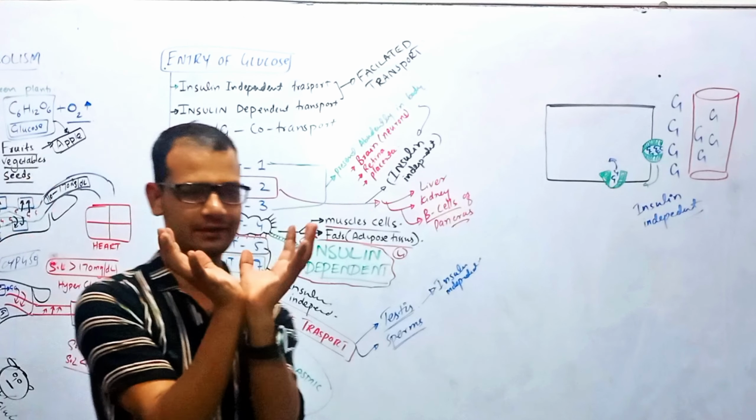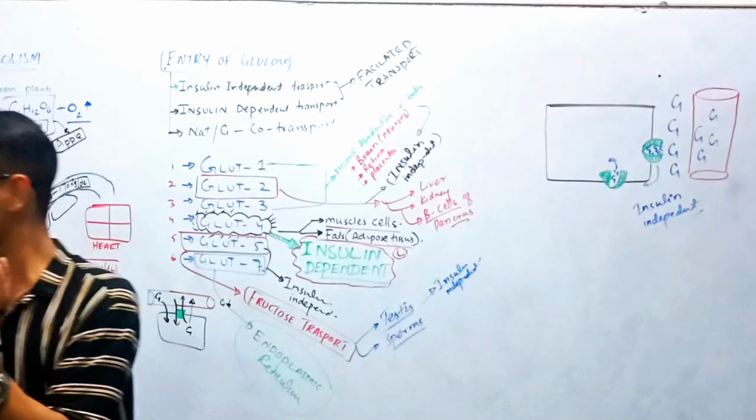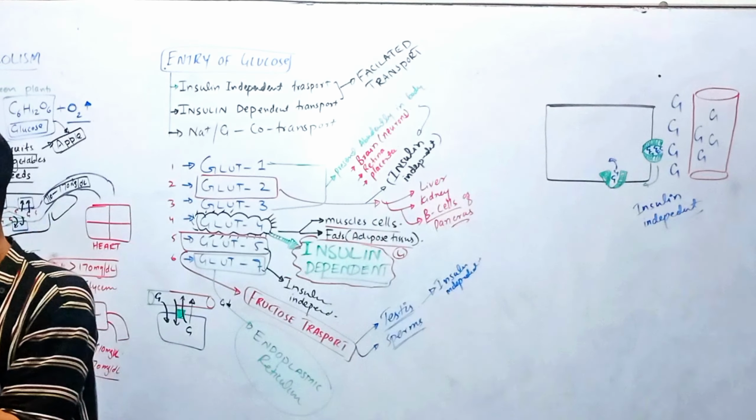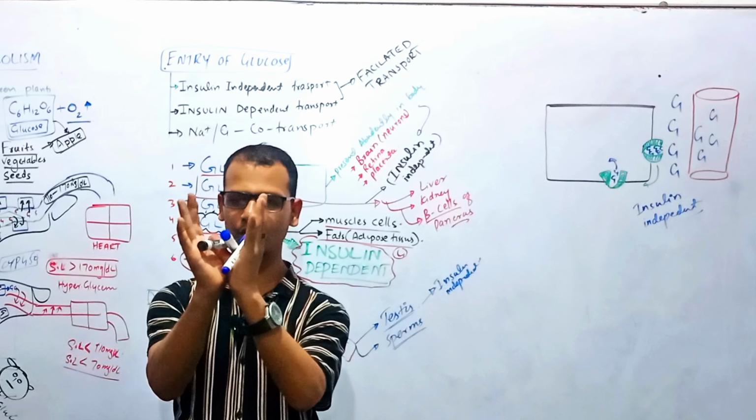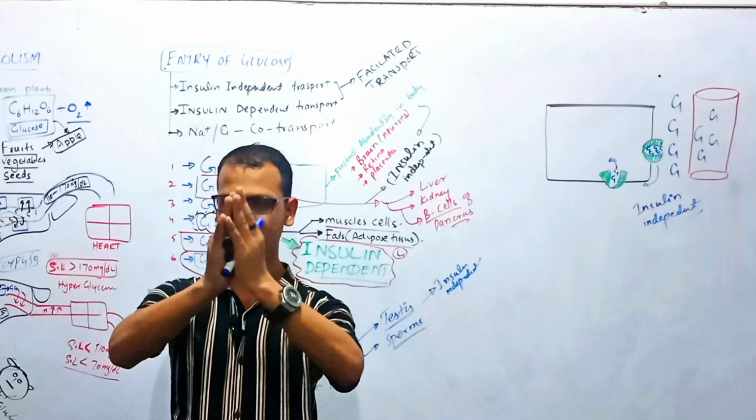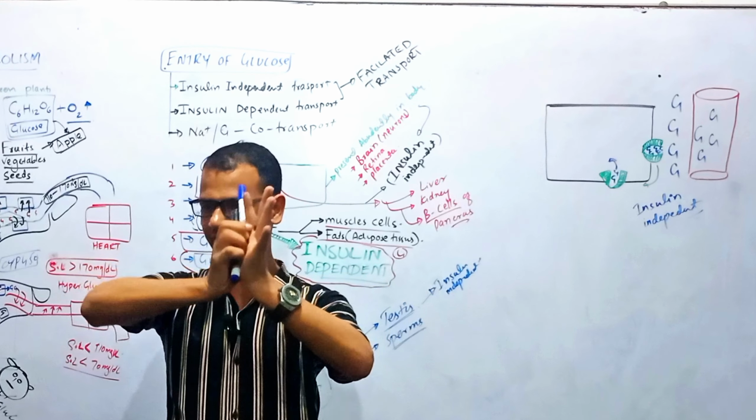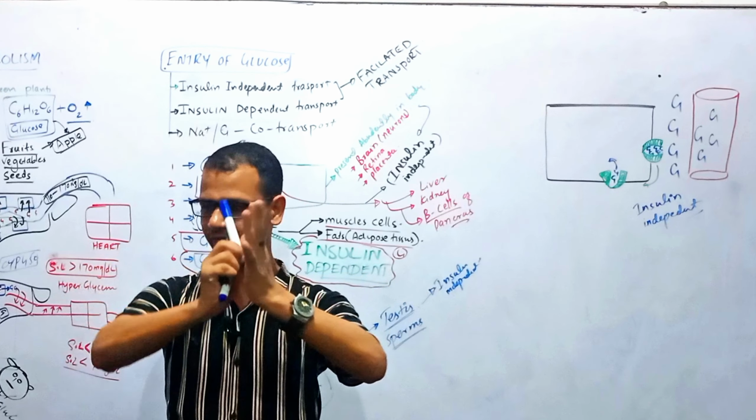For example, this is the transport system. It is like this, and these are glucose, and the glucose is stored here outside. When the cell needs the glucose, it will do some conformational change like this, and it will give this glucose inside. This is insulin independent transport.